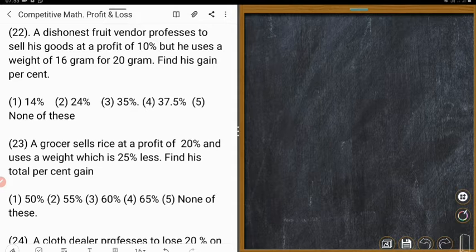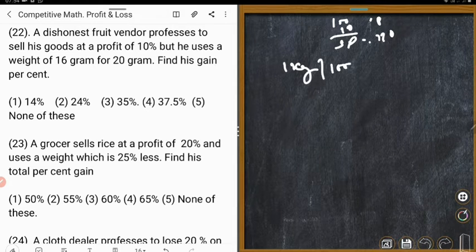So suppose let CP be 100, profit 10, SP is equal to 110, right? 1 kg, that is 1000 gram, costs 100. Why 800?